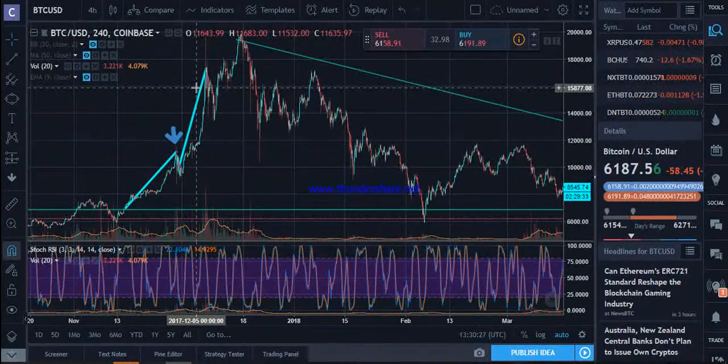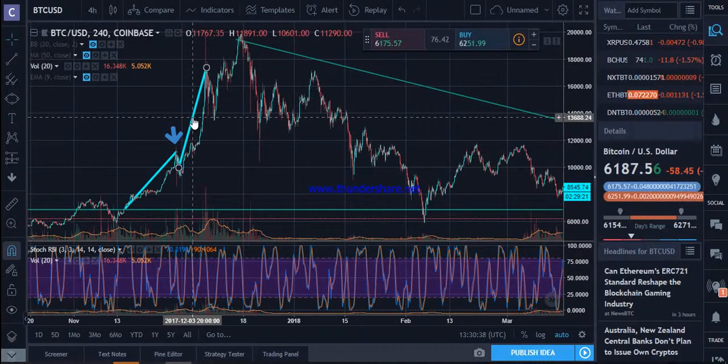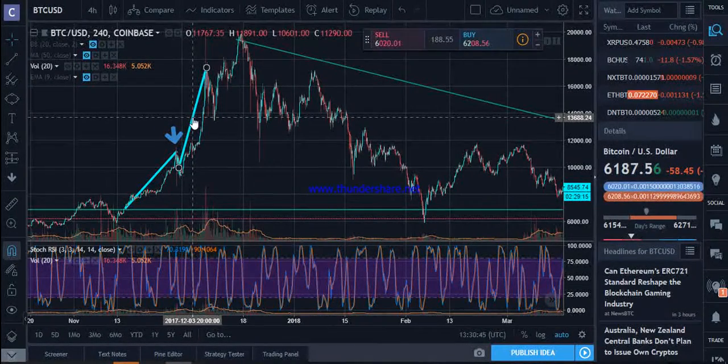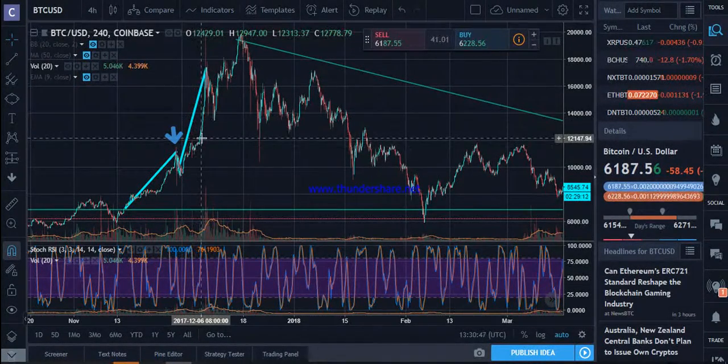Now, sorry, there is actually a rule for wave 3. The rule for wave 3 is that it must not go below wave 1, and so therefore it must go above wave 1.